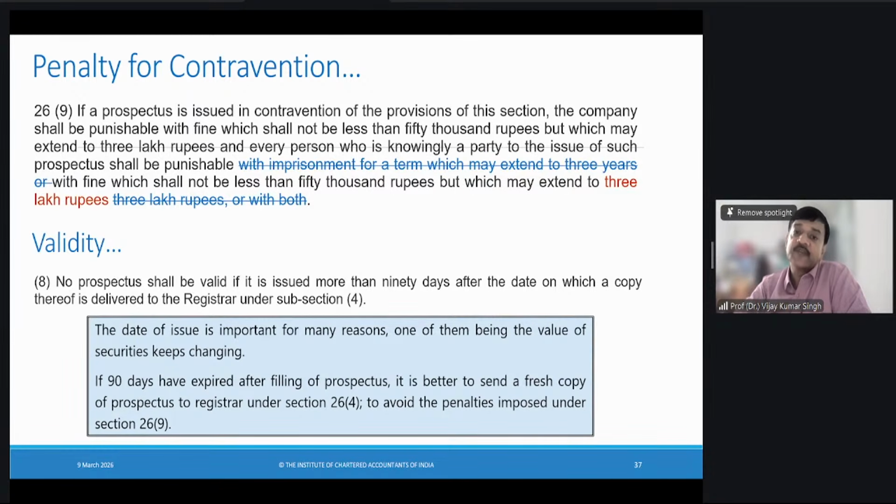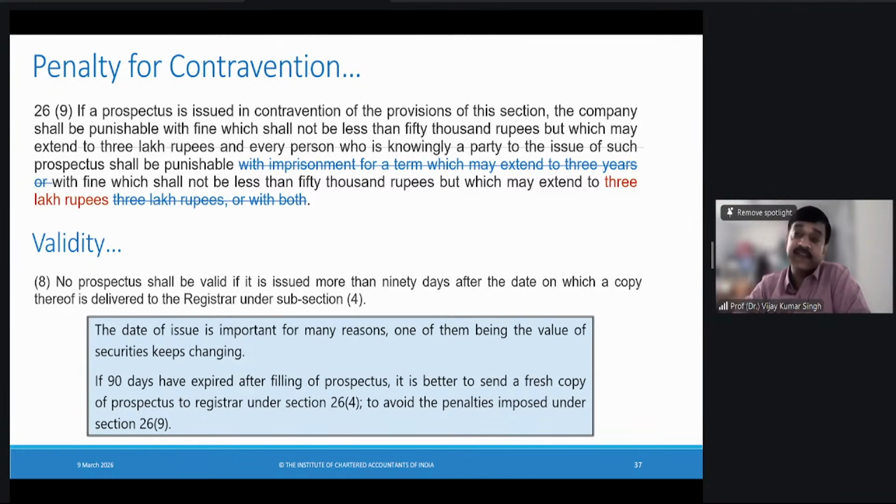And every person who is knowingly a party to the issue of such prospectus shall be punishable. This is an individual fine, with fine which shall not be less than 50,000 rupees, but which may extend to 3 lakh rupees. So you can see for individuals, the fine has been increased now. Initially, it used to be less.